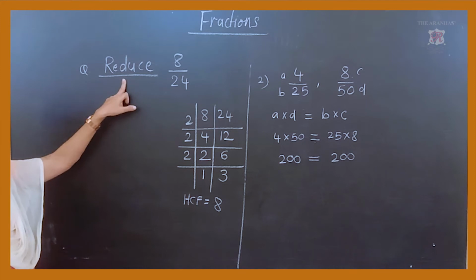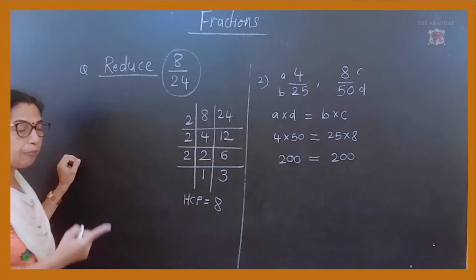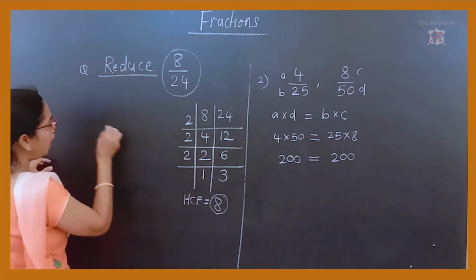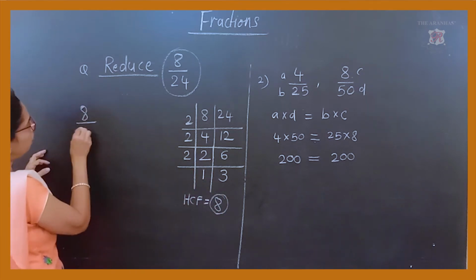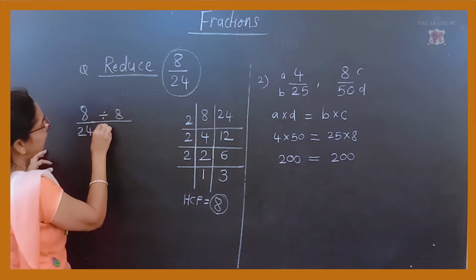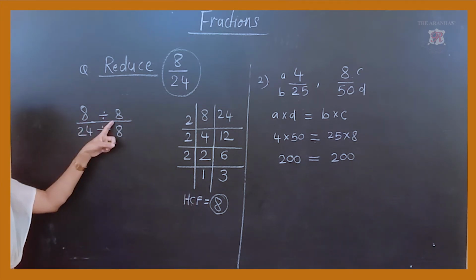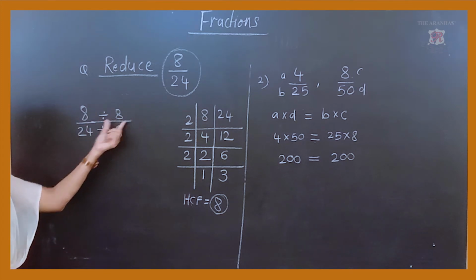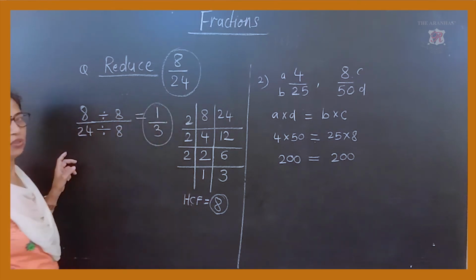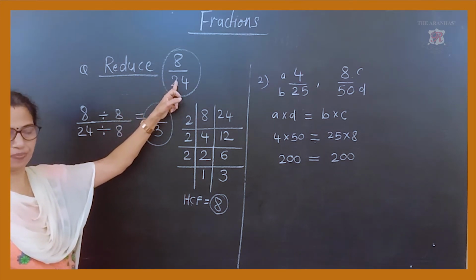So when the question asks to reduce the given fraction into its simplest form, first we have to find its HCF. Now 8 upon 24, you have to divide by 8, that HCF we have found out. On dividing the given fraction by 8, you will find 1 upon 3, and 1 upon 3 will be the simplest form of the given fraction.